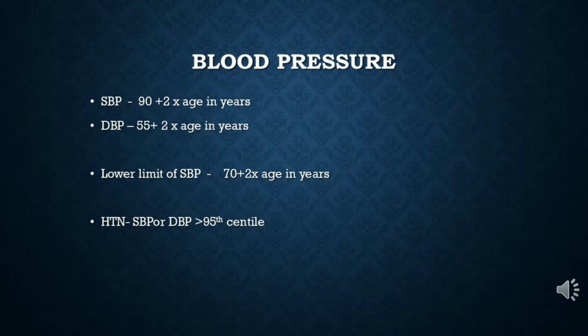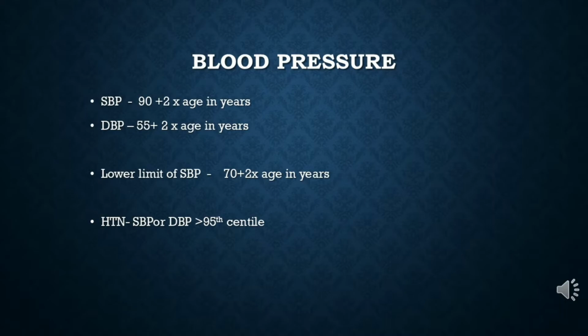These are the methods to find the normal blood pressure in each age group. The upper limit of systolic blood pressure is 90 plus 2 into age in years. The diastolic blood pressure is 55 plus 2 into age in years. The lower limit of systolic BP is 70 plus 2 into age in years. Below this value, we call it hypotension.